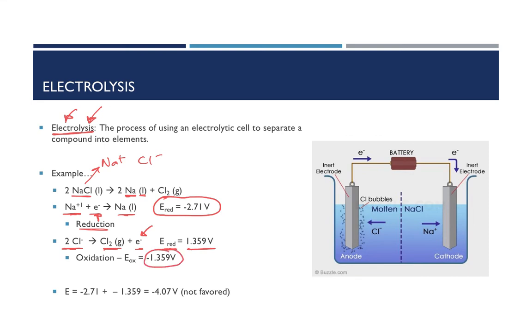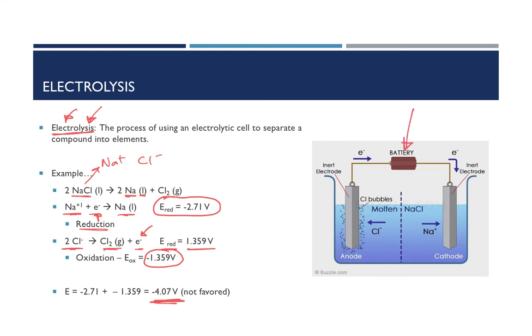If I then take those two and add them up, negative 2.71 plus negative 1.359, we get a voltage for this system of negative 4.07 volts. Well, we know that's not a thermodynamically favorable reaction. So what do we need to do to make this reaction go?